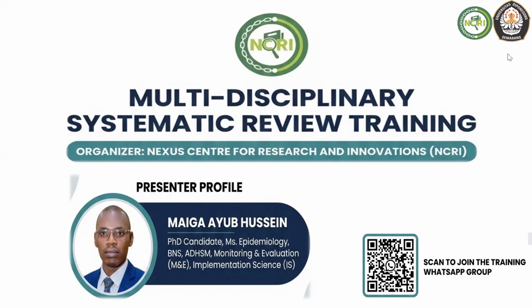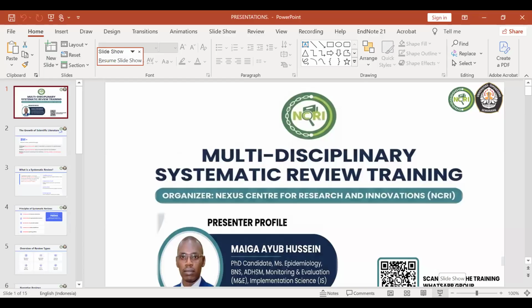I've also done an advanced diploma in health service management from Uganda. Currently, I'm running as the director for Nexus Center for Research and Innovation, and that is the same team that is leading this presentation.